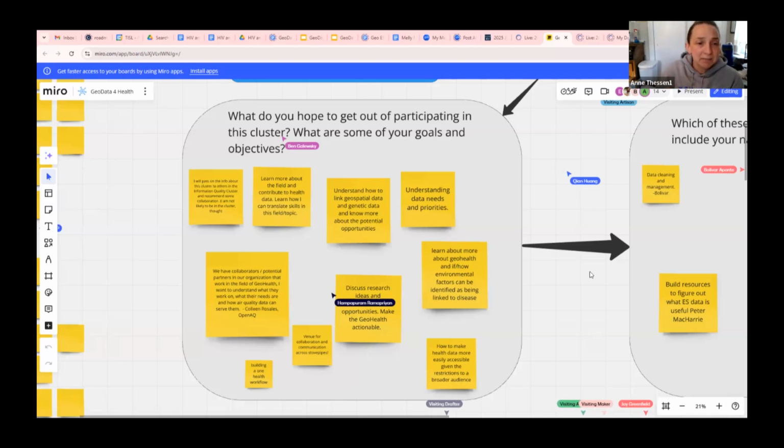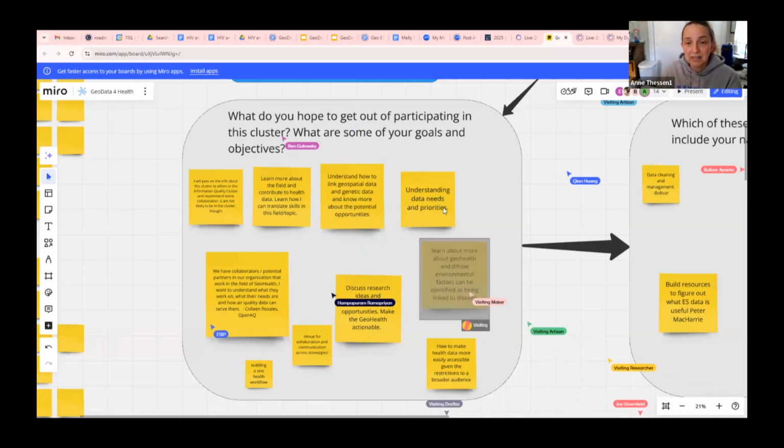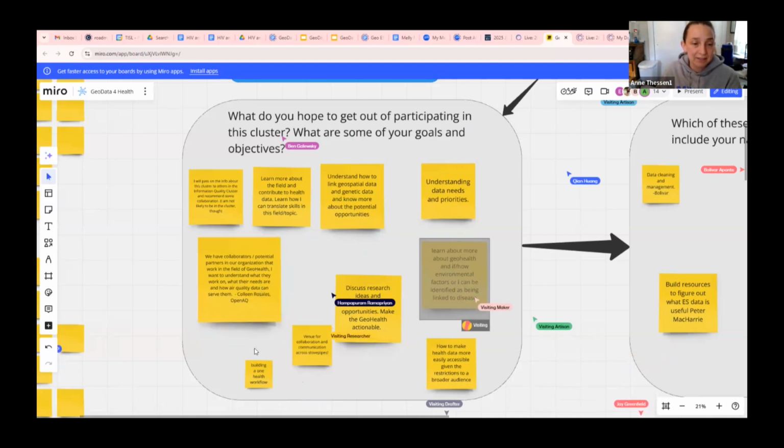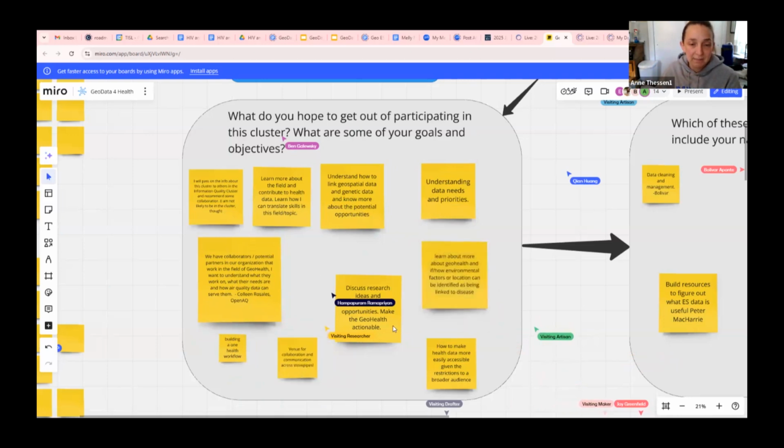And it looks to me like we've got a lot of people here who are interested to know more: understanding data needs and priorities, looking for collaborators, building a One Health workflow, communicating across stovepipes.